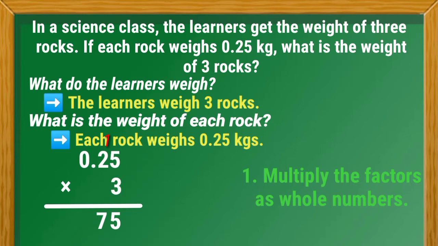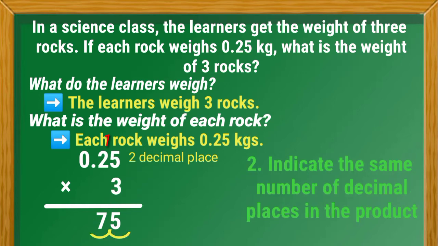Then next step is count the number of decimal places in the factors. In the multiplicand, we have 2 decimal places. In our multiplier, we don't have. So we only have 2 decimal places in the factors. Next step is indicate the same number of decimal places in the product.